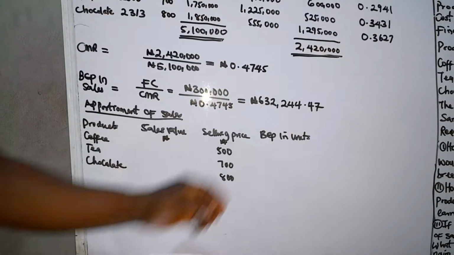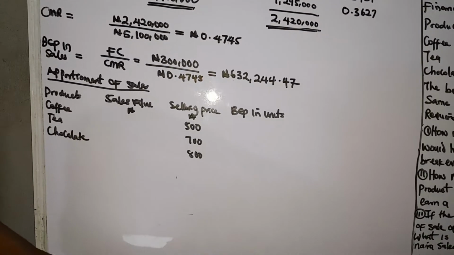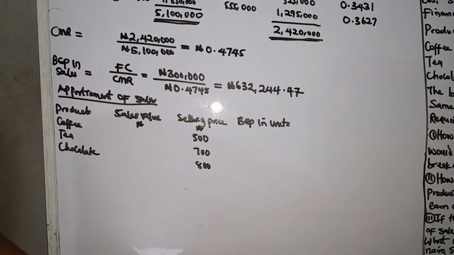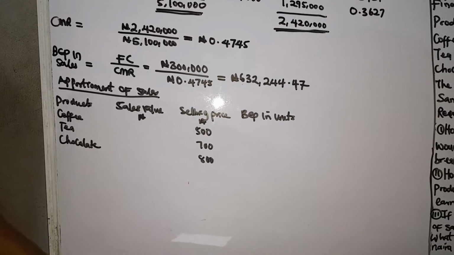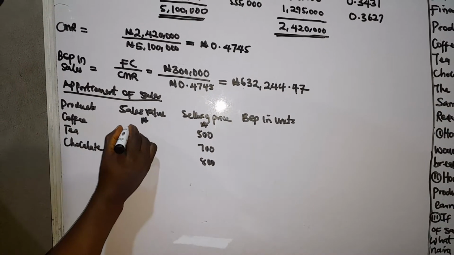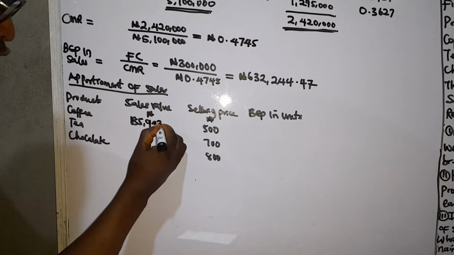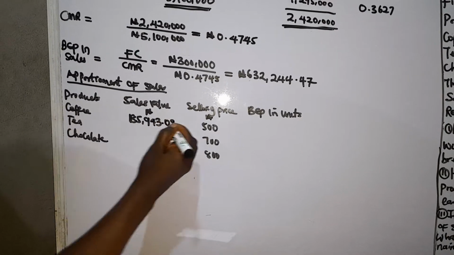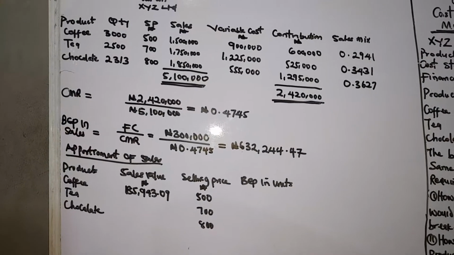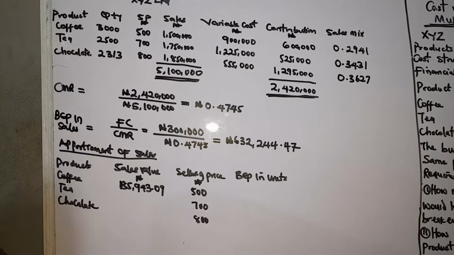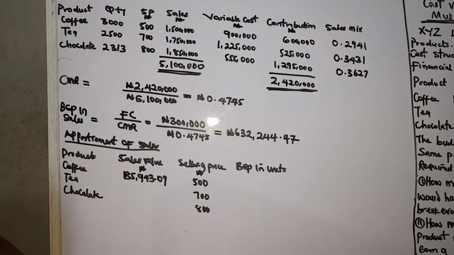So I will apply my sales mix. Don't forget sales mix, which is 0.2941 times 632,244.47. So coffee will get 185,943.09. For tea, it is 0.3431 times 632,244.47.